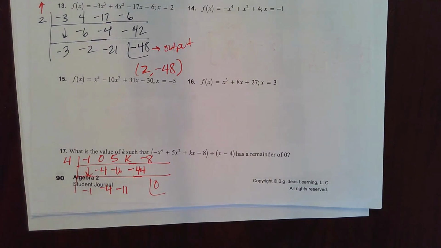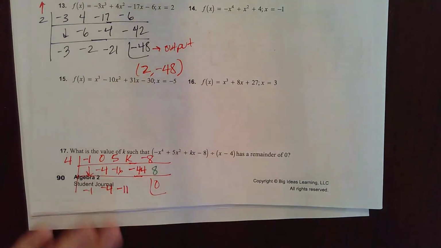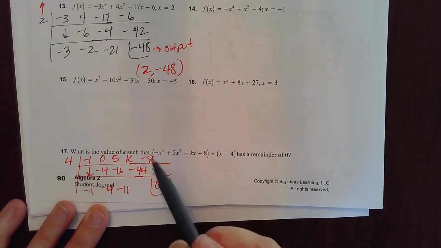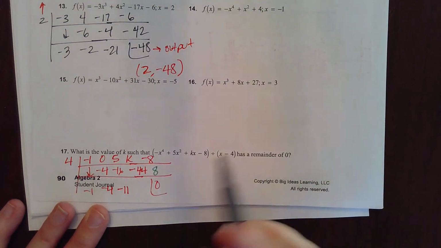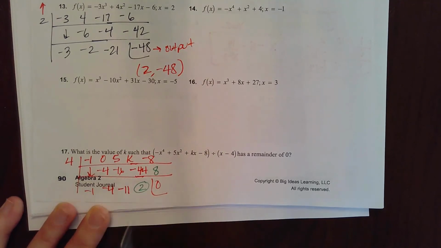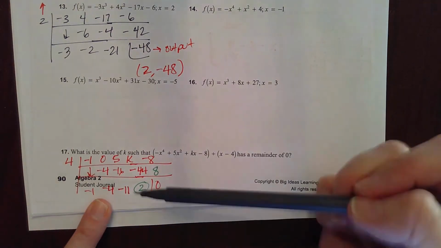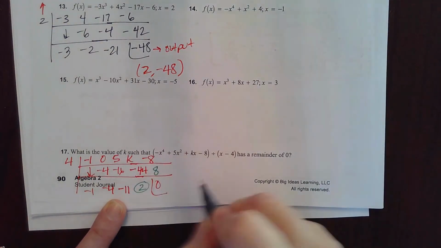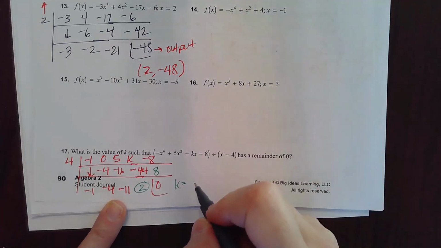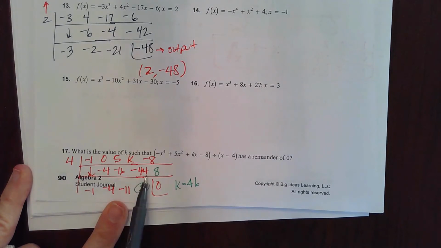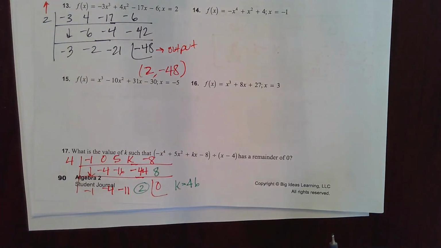You know this number here has to be 8, so that -8 and 8 give me 0. What number do I multiply 4 by to get to 8? That's 2. Let's keep working backwards. If I added the numbers together and got 2, what number did k have to equal? It would have to equal 46, because 46 minus 44 gives me 2. So that's one way of doing this problem.